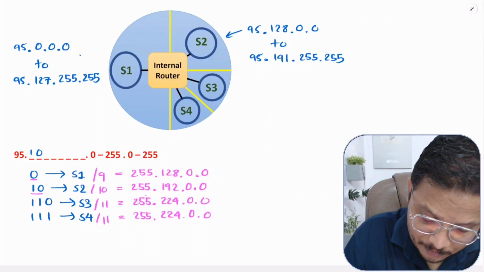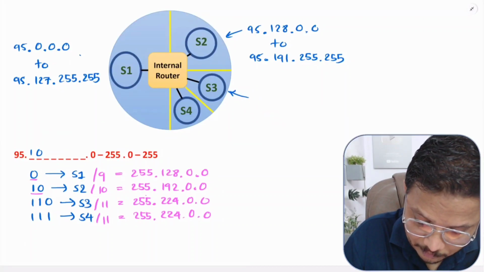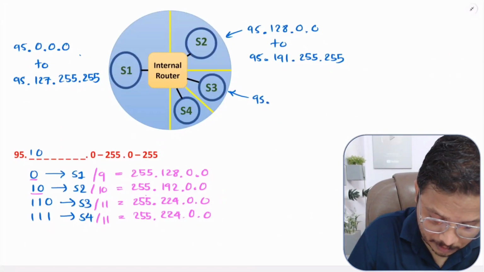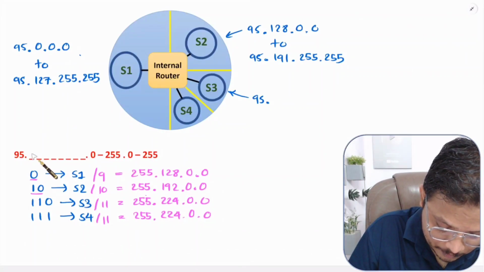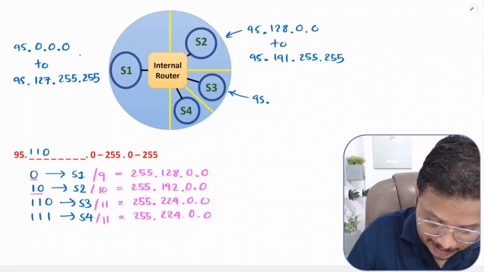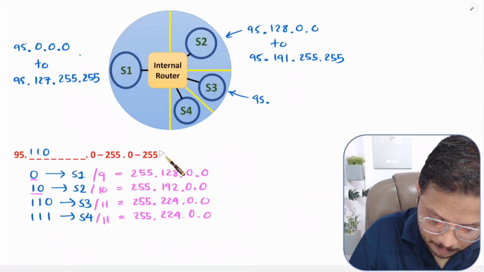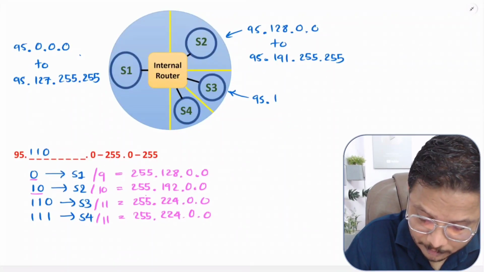Now similarly with subnetwork 3, the network ID will be 95 only. Then you see the first 3 bits, that is 110, and the lowest ID will have all zeros over here. So 11 and then all zeros. So 11 means 192.